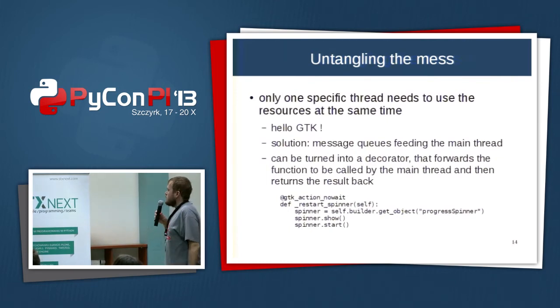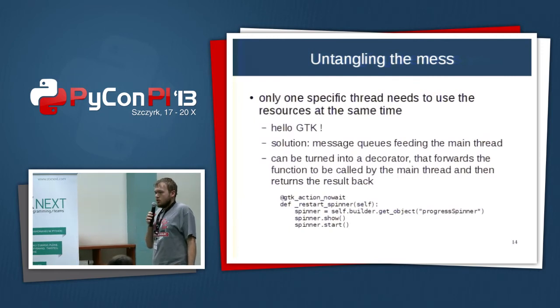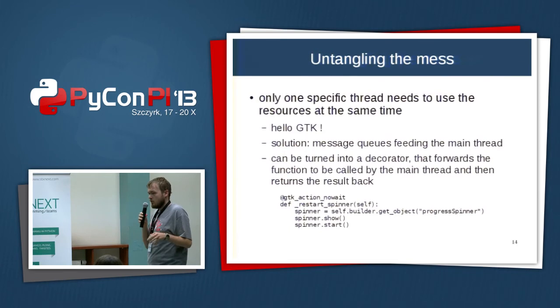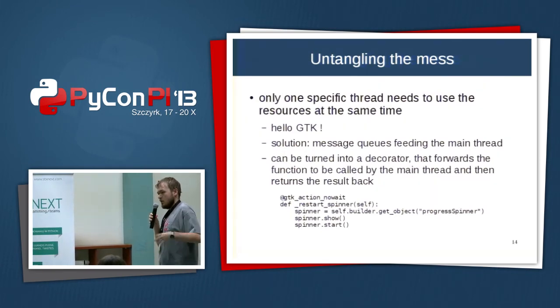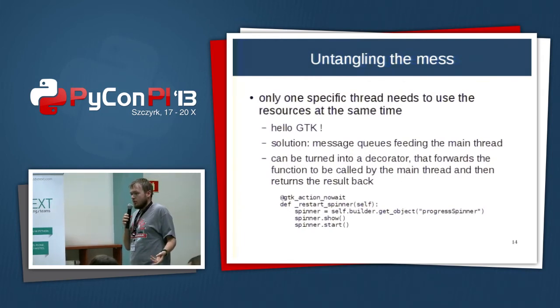And there is also a wait variant where the call is forwarded to the main thread. The main thread processes the call and returns the result to the calling thread.